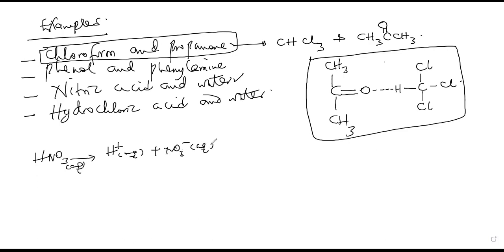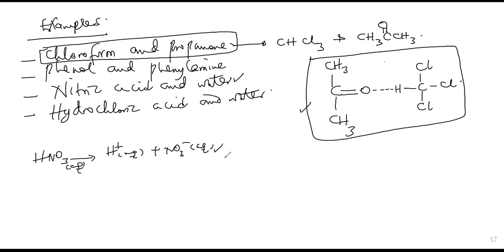Now, as the formed ions are hydrated, stronger ion-dipole attractions are formed compared to the van der Waals forces of attraction in nitric acid and hydrogen bonds in water molecules, resulting also in evolution of heat and consequently a reduction in volume. So we can use these two examples to explain why there is evolution of heat.